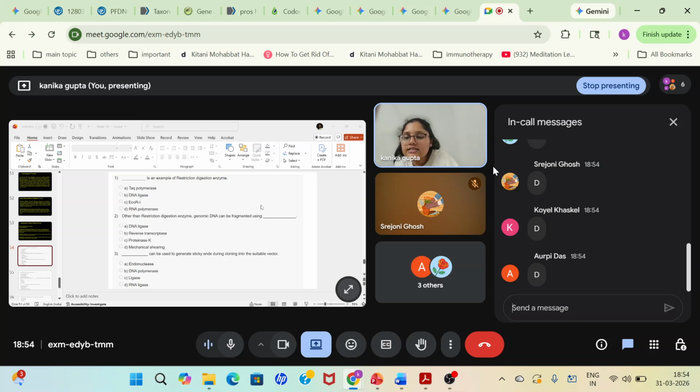Next is, dash can be used to generate sticky ends during cloning into a suitable vector.